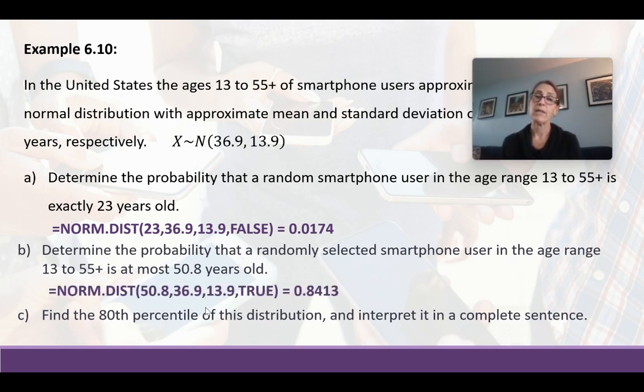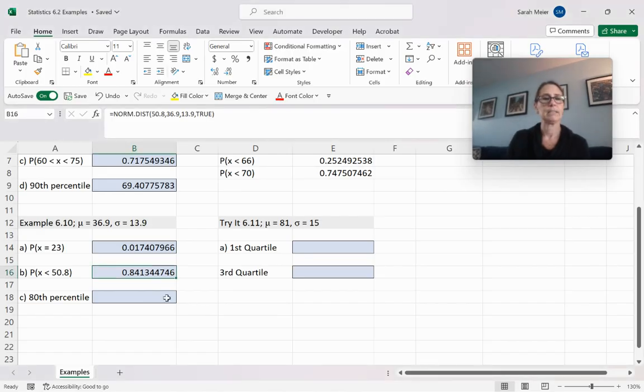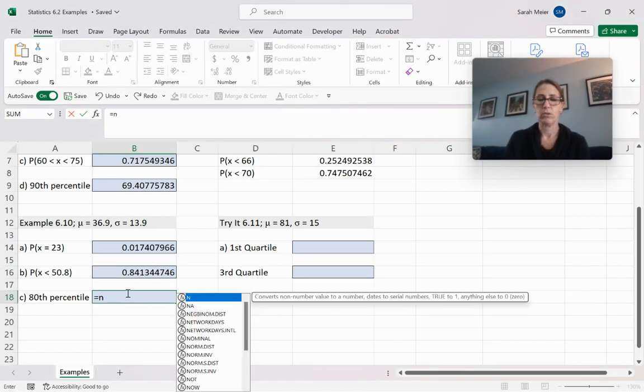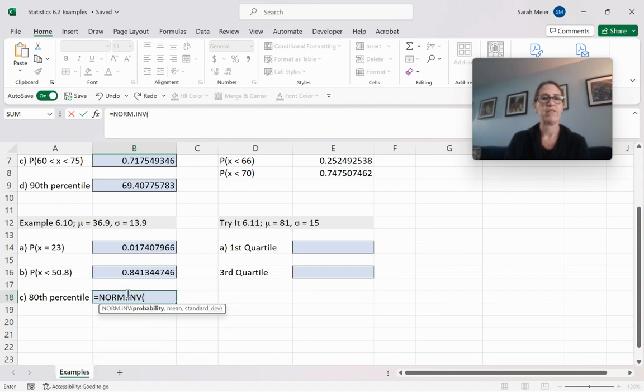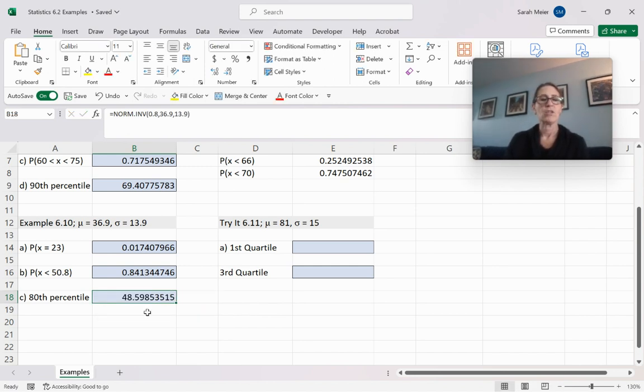And so now our 80th percentile problem. So this is a norm.inv problem. So equals norm.inv. Remember, we're going to turn that percentile into a probability, so 0.8. Again, our mean is 36.9, and our standard deviation is 13.9. So 48.6.